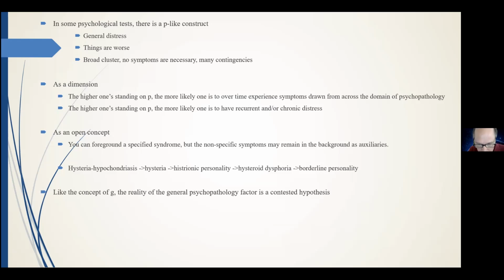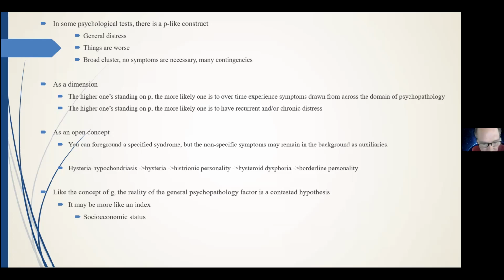Now, I have to say, for philosophical purposes, the reality of the general psychopathology factor, the concept of p, is a contested hypothesis. Because rather than a causal variable, it may be more like an index. An example of an index is socioeconomic status, which refers to things like education, occupation, and income.